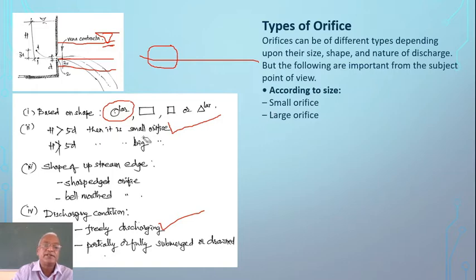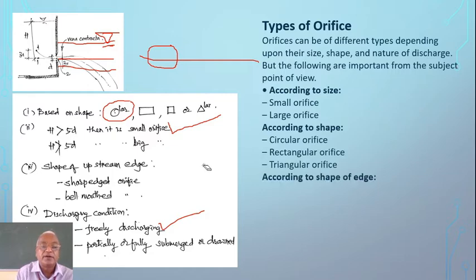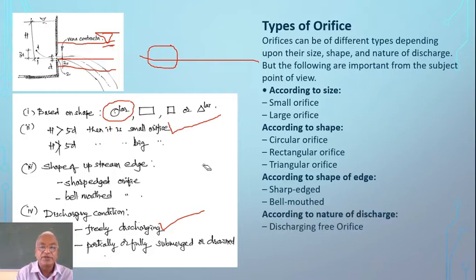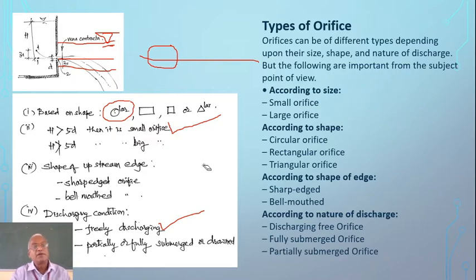H is greater than 5 times D, or H is not greater than 5 times D, that will be big. Then according to the shape: circular, rectangular, triangular orifices. According to the shape of edge: sharp edged, which we have discussed, or bell mouthed. According to the nature of discharge: discharging free, or fully submerged or partially submerged orifice, right? So I have explained this. The same thing is listed out over here.